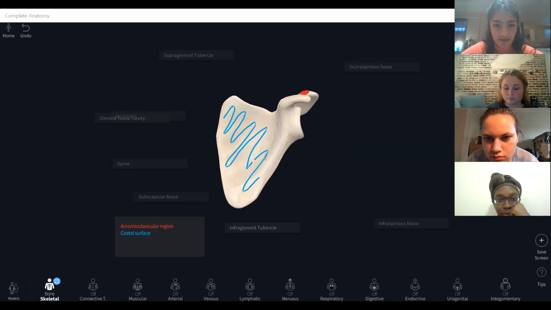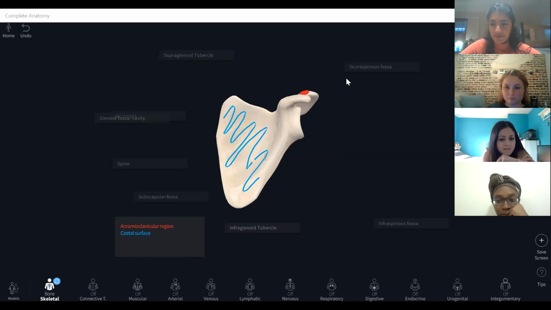So I have Faith, Andy, Gospel, Sophia. Any of you want to give it a shot and explain why you think it's the left scapula? Is it because the tubercle is on the left side, and that's where the humerus attaches?